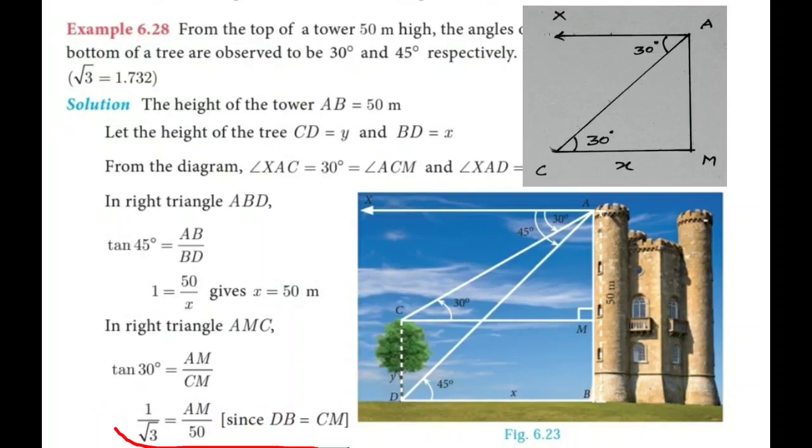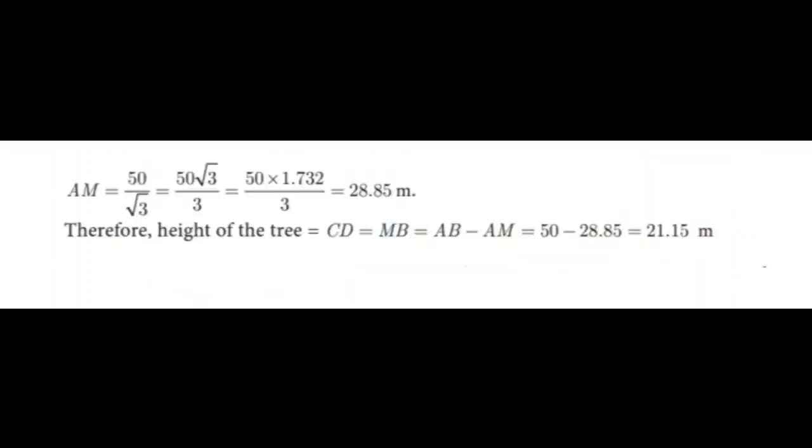Then 1 by root 3 is equal to AM divided by 50, since DB is equal to CM. AM in the same place, 50 shifted to left hand side, we get AM is equal to 50 divided by root 3.